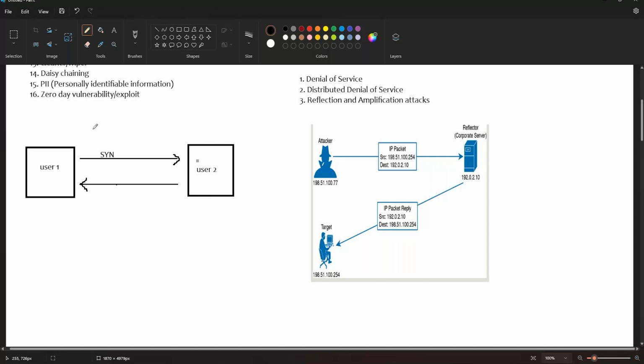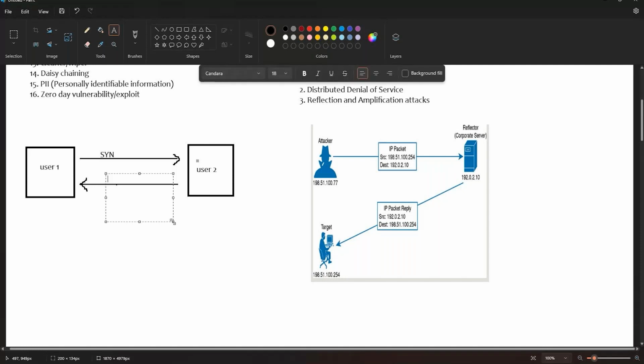What is the reply? SYN-ACK. So basically, user one is saying, hello user two, my name is user one, this is my identity, save it. User two says, hello user one, this is my identity, and I acknowledge that I have saved your identity.